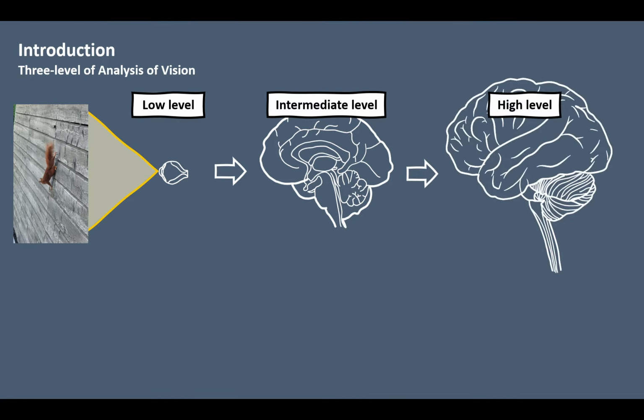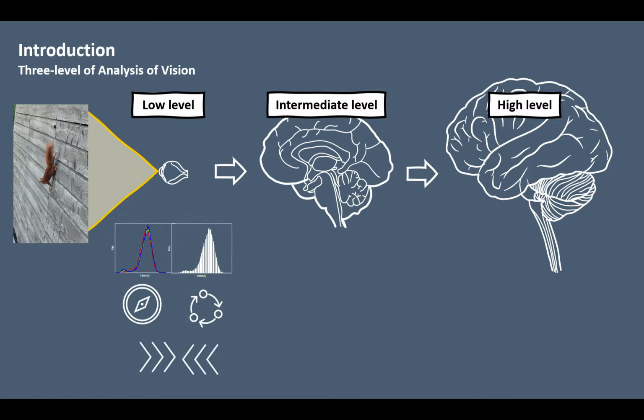At the low level, the visual scene is discriminated into local contrast, orientation, color, and movement. The intermediate level involves analysis of the layout of the scenes and surface properties, tracing the visual image into surfaces and global contours, and distinguishing foreground from the background. The highest level involves object recognition.